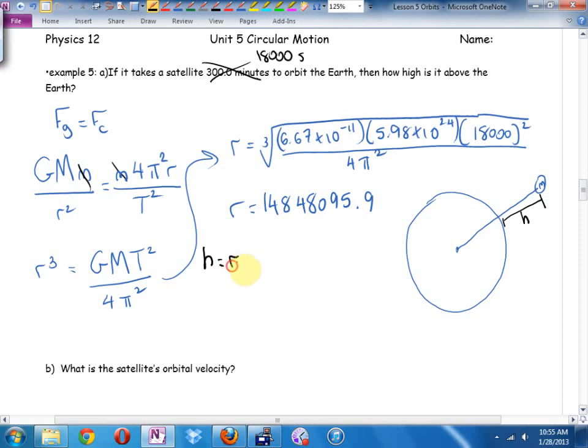It's going to be the orbital radius minus the radius of the Earth. The actual height is going to be 148,480,959 minus 6.38 times 10 to the 6th. What height is that?